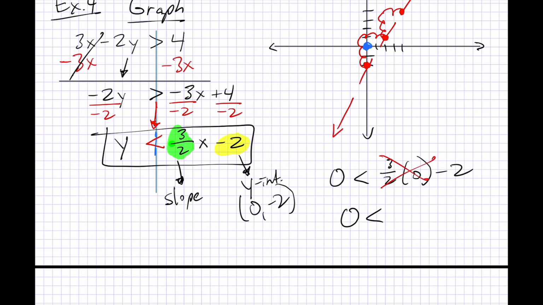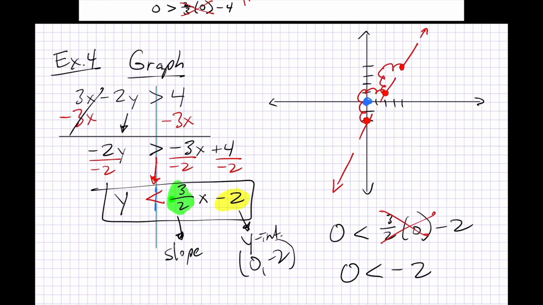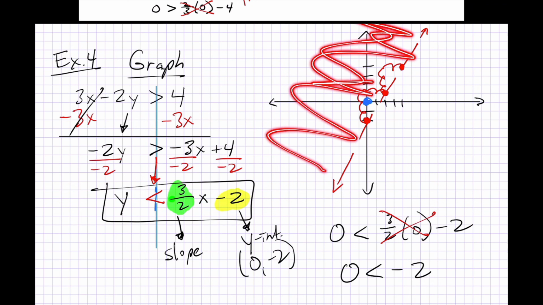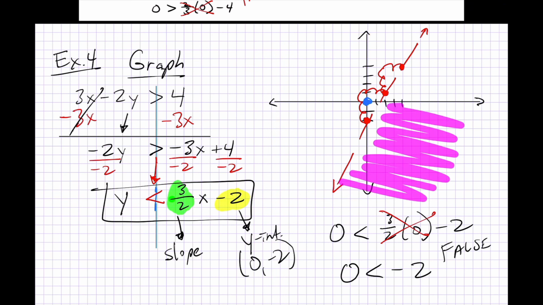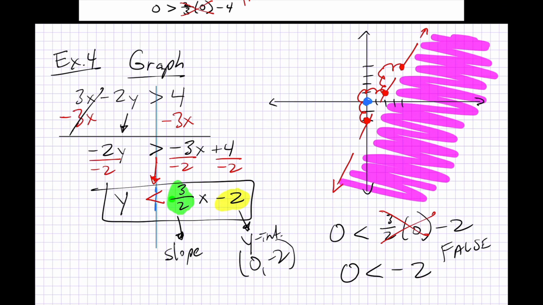So I get 0 less than negative 2. 0 is not smaller than negative 2. 0 is bigger than negative 2. So that means I'm not going to shade the side where 0, 0 is. 0, 0 is on this side here. I'm not going to shade because it gave me a false statement. So that means I got to shade the other side, this side over here.